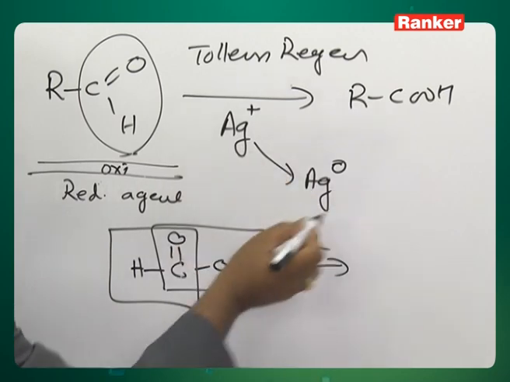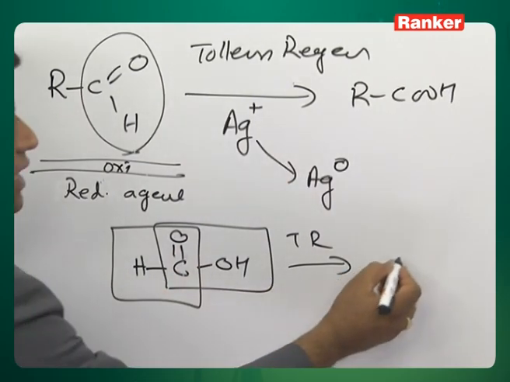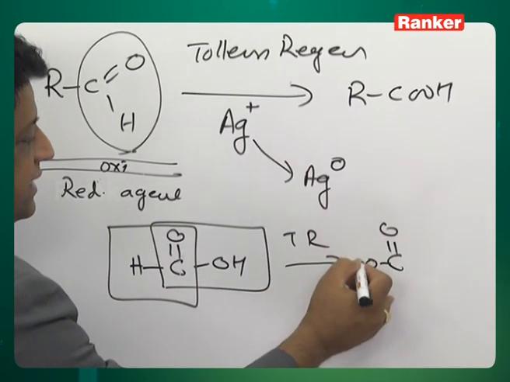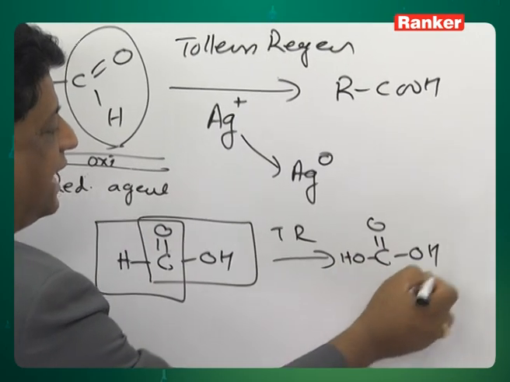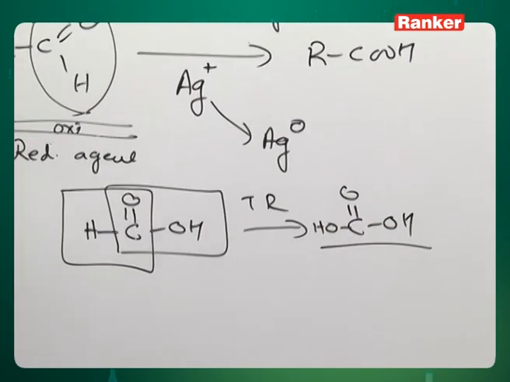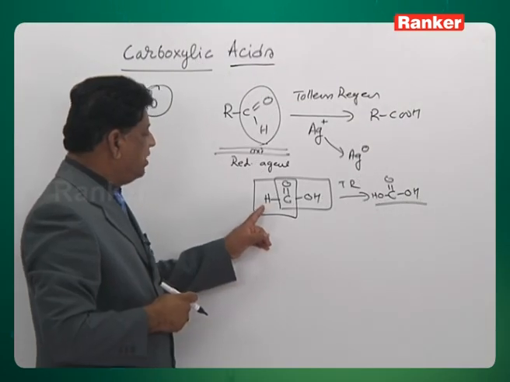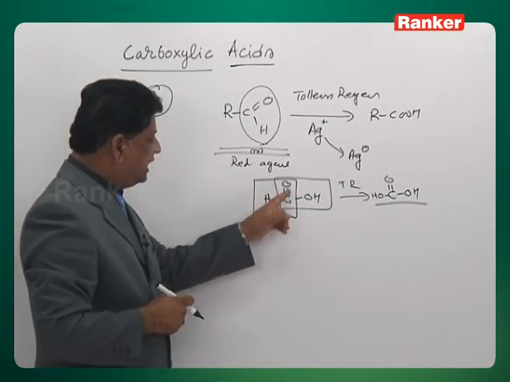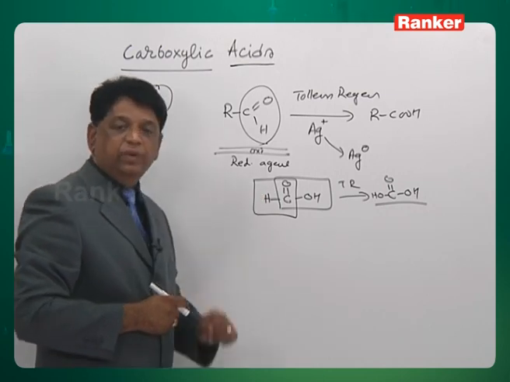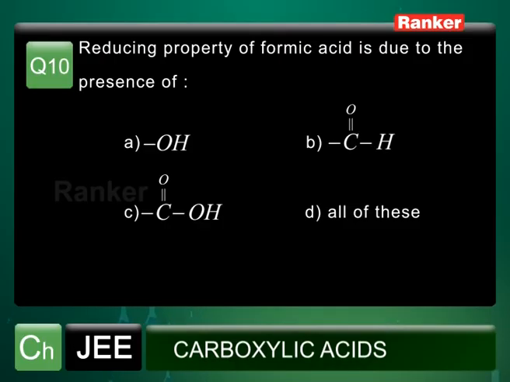That is, ammoniacal silver nitrate. This side, the aldehyde function, will become a carboxylic acid. That side already has the acid, so H2CO3 is formed, that is carbonic acid. So therefore formic acid has an aldehyde function, and that's why it has this reducing property. So the question is, the reducing property of formic acid is due to the presence of, not the OH.